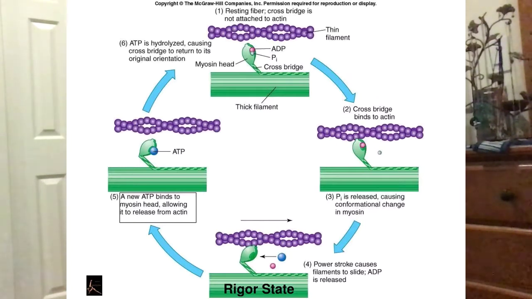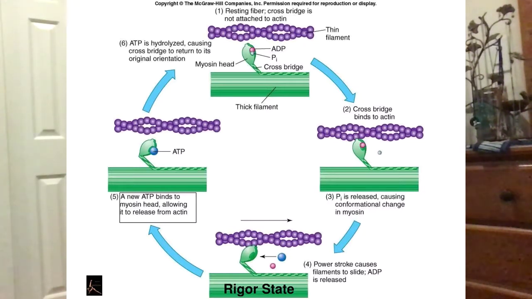So ATP hydrolyzes, means it breaks up into ADP and inorganic phosphate. That causes energy for the myosin head to lift up and form a cross bridge with actin. Then you see the inorganic phosphate being released. It's popping off. That causes the myosin head to swivel and pull on actin toward the M line.